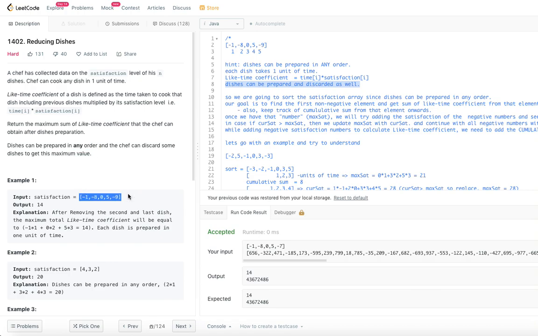Since we have that luxury, what we are going to do is sort this particular array. That is our first step before starting anything. Once we sort, we are going to look for the first non-negative integer.